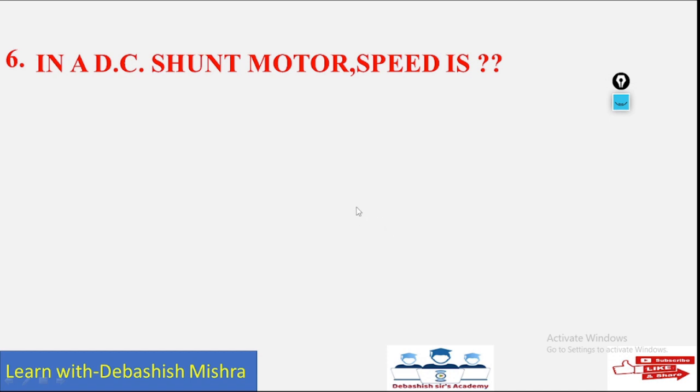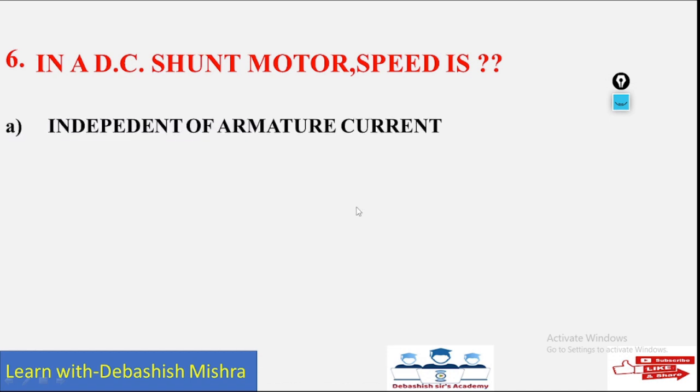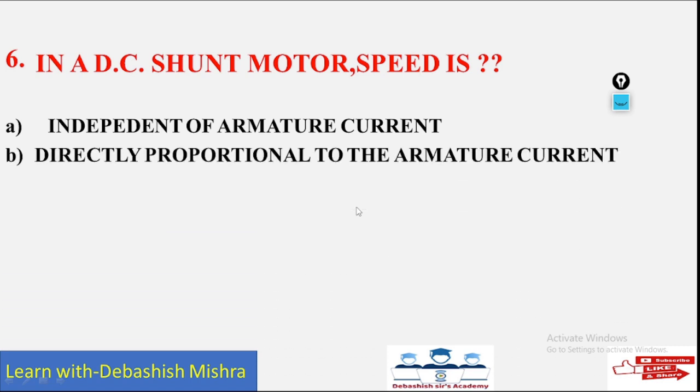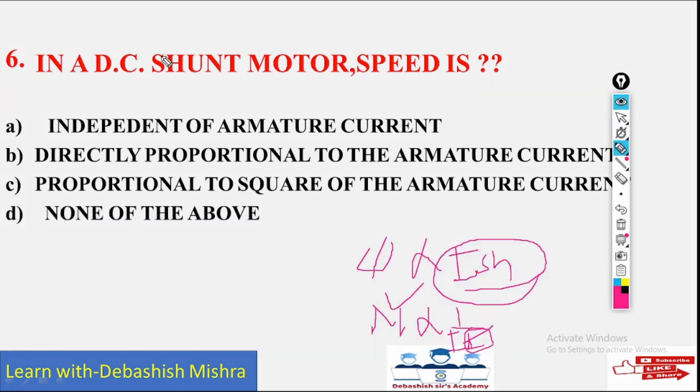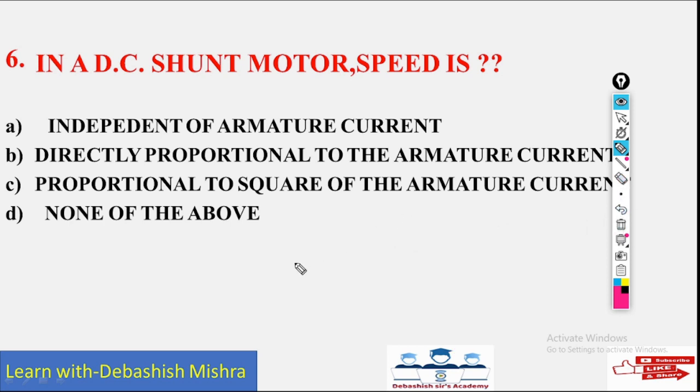In a DC shunt motor, speed is: independent of armature current, directly proportional to the armature current, proportional to the square of the armature current, or none of the above. As I told you previously, in a DC shunt motor N is directly proportional to Eb by phi.